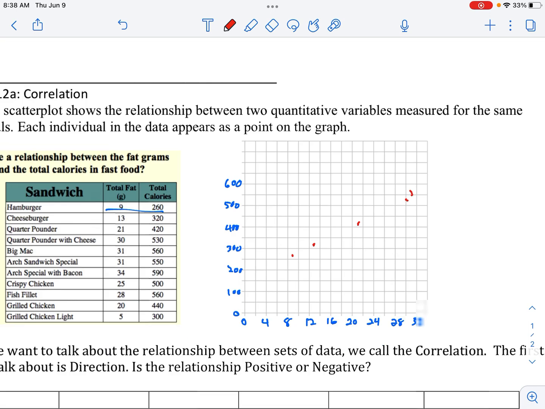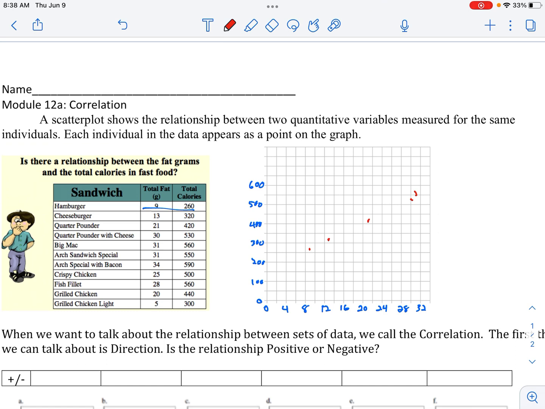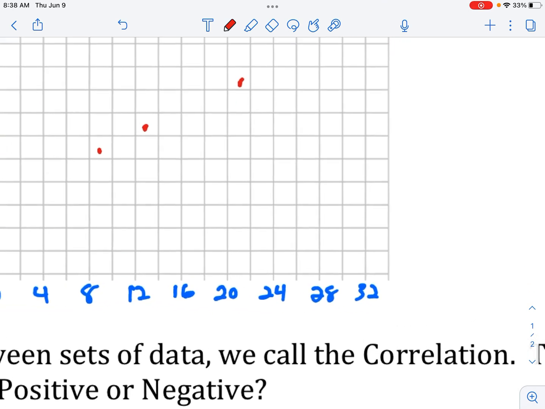Those points are pretty close. 34 and 590.